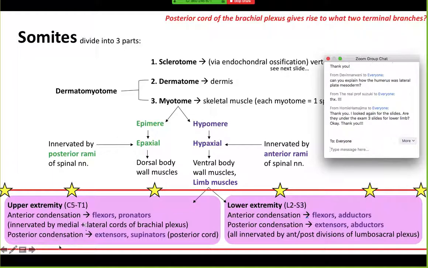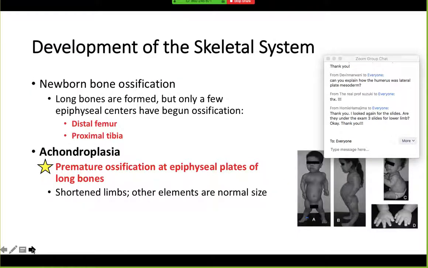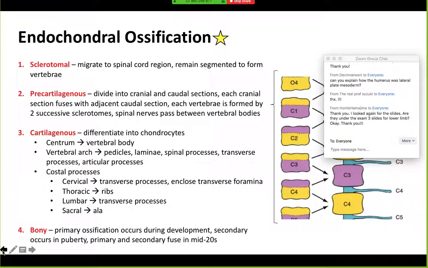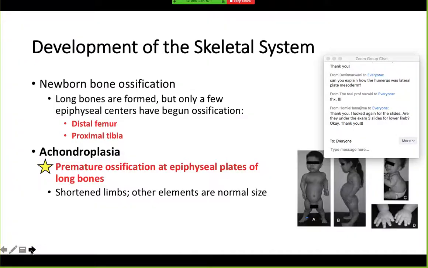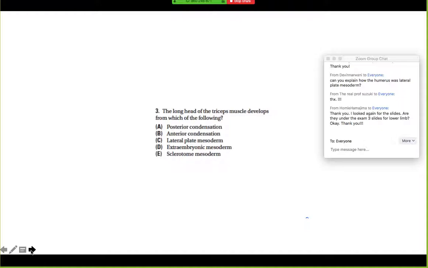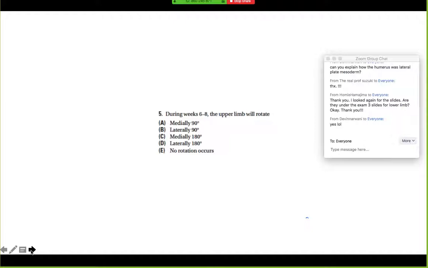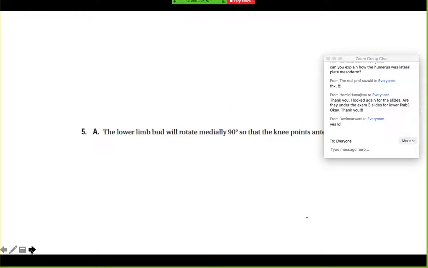Yeah. Okay. So humerus and lateral plate mesoderm. Yeah, so that's actually a good question because when I saw that, were you thinking it would be sclerotome? Because I was. Let me look again at what the explanation said.